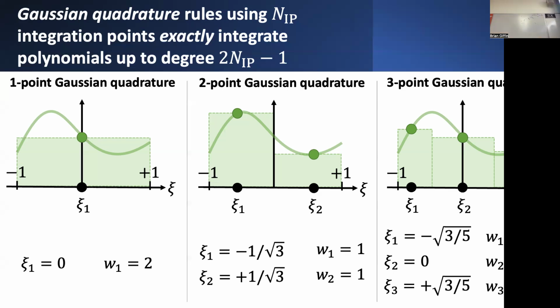Rather than choosing a midpoint rule where we have two rectangles and evaluate the height of each right at its midpoint, two-point Gaussian quadrature does divide this into two rectangles, but the height isn't based on the midpoint evaluation of the function, but rather on a value that's a little bit skewed. In fact, that skewed position is proportional to 1 divided by the square root of 3. If you're curious what this value is, it's something like 0.57. So not 0.5. It's a little bit shifted away.